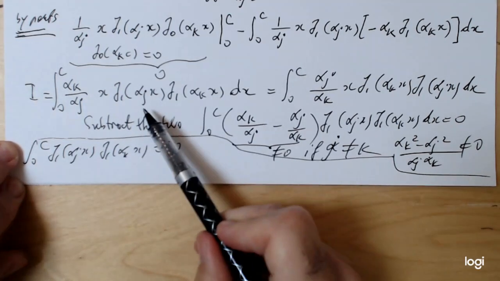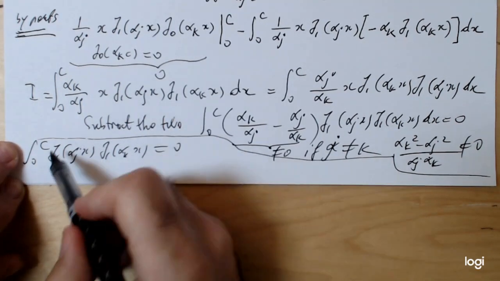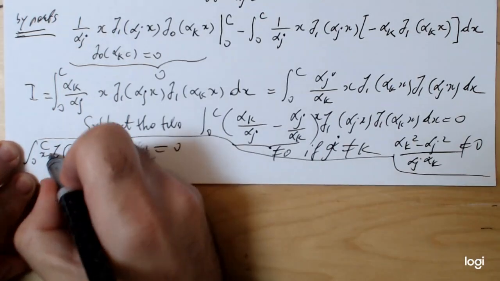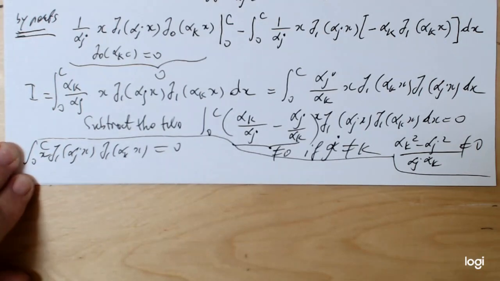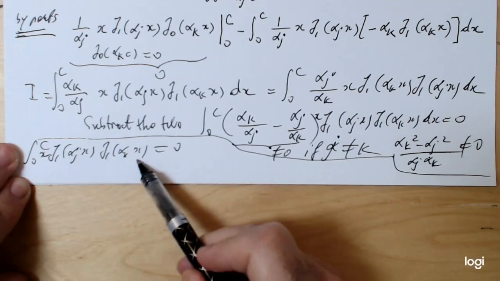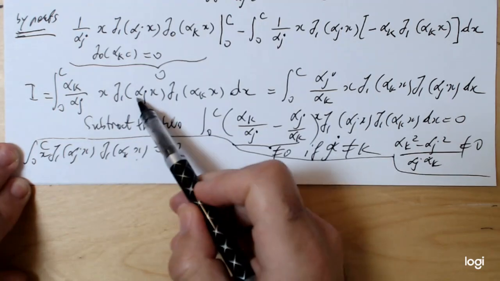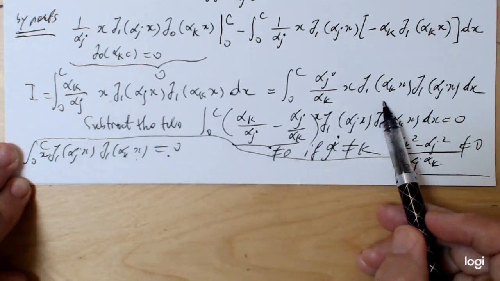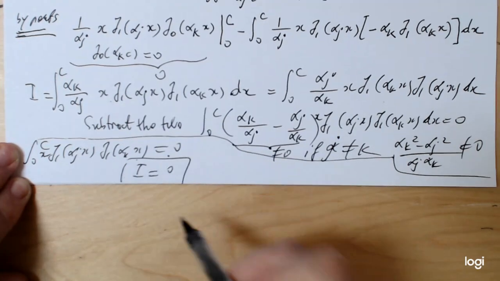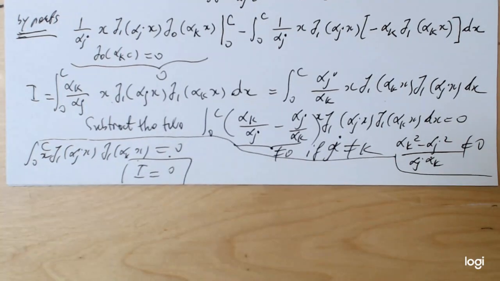But if you go all the way back here, there was an x in front of it, I forgot the x here. There was an extra x. Okay, so the integral from 0 to c of x J1 alpha_j x J1 alpha_k x equals 0. And if we go all the way back to either this or this, pull out the constant, that just means your original integral is equal to 0.